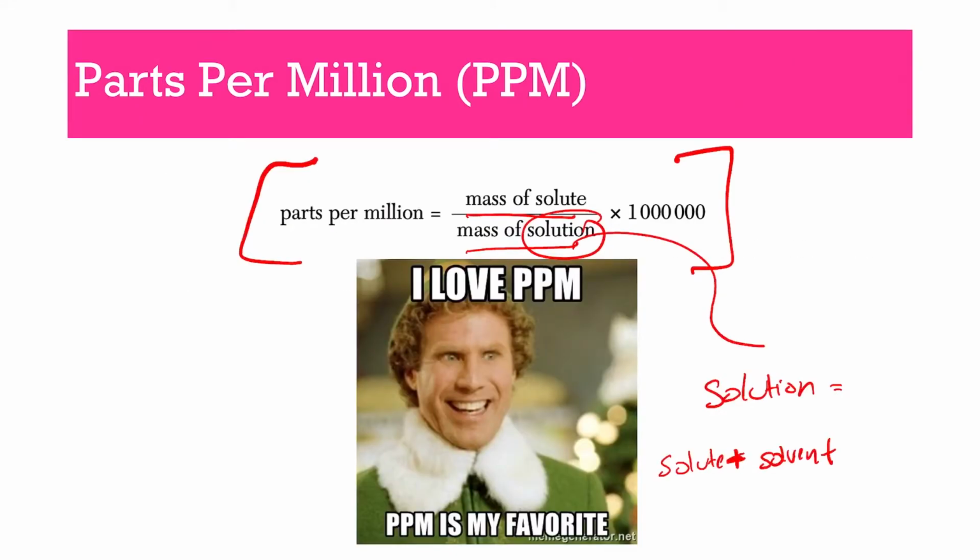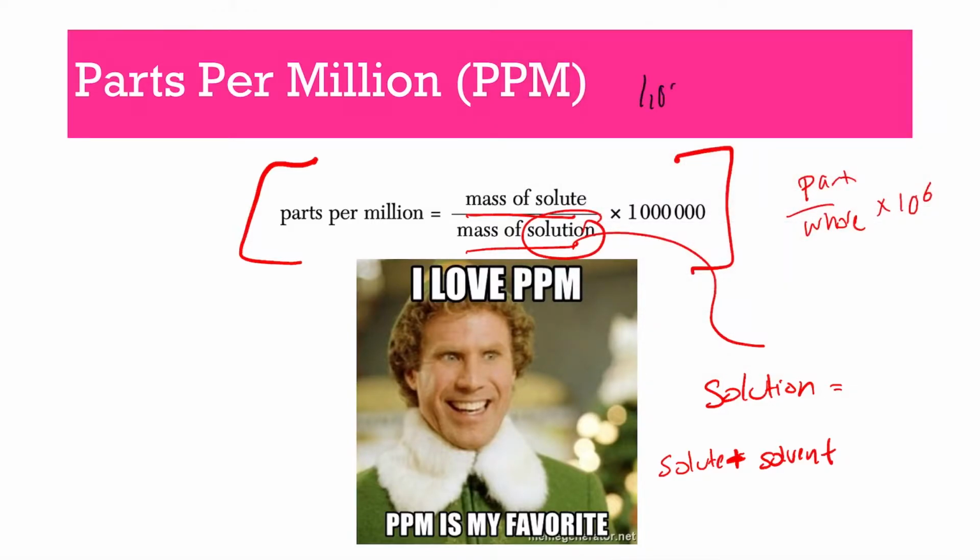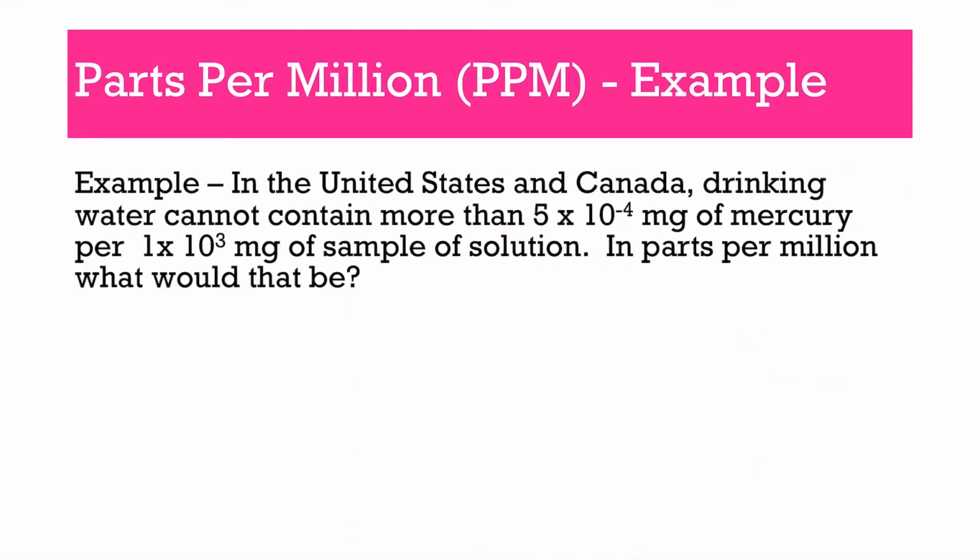Basically it's percent composition, part over whole. But if we're talking about parts per million, then you just multiply by a million. Another thing to point out here, that 1 million is the same as times 10 to the 6th. Same thing.